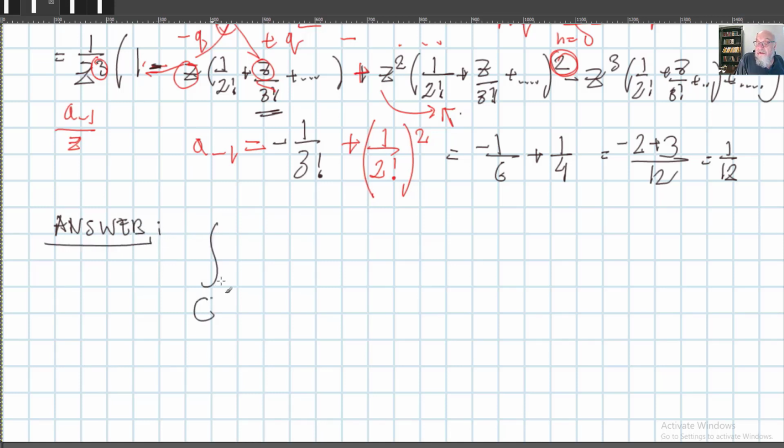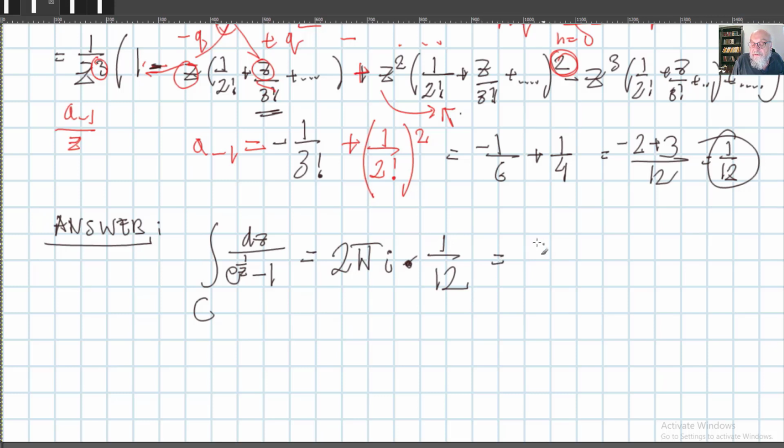The integral over C, dz, this is e^z over (z minus 1)... is equal to 2 pi i times the residue, which is computed here, 1 over 12.